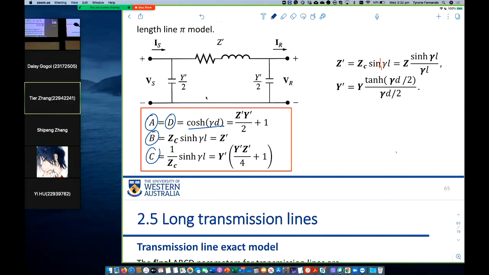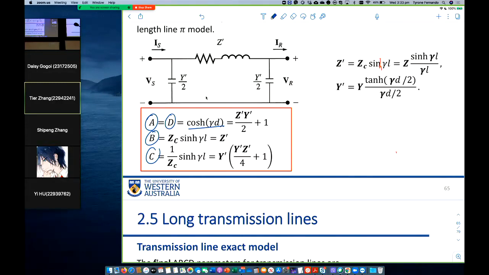Because for the medium length transmission line, A and D were equal to ZY on 2 plus 1, right? So this is also written in the same form. And B was Z for the medium length transmission line, so here, B is Z dash.